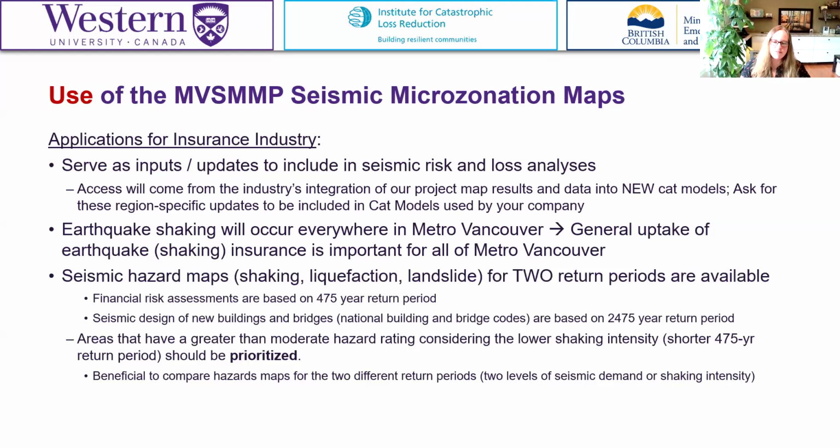For me, the 2 different return period maps I think are beneficial, even though it's been a pain to have to make double the amount of maps and double communicating about that. But I think it's super important to have the 2 options in front of you to compare. And for me, I think it's helpful to try to reinforce, and in your industry, you deal with probabilities, you deal with return periods.